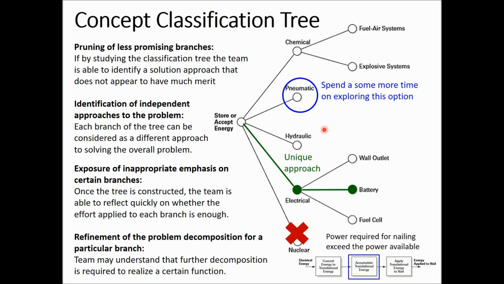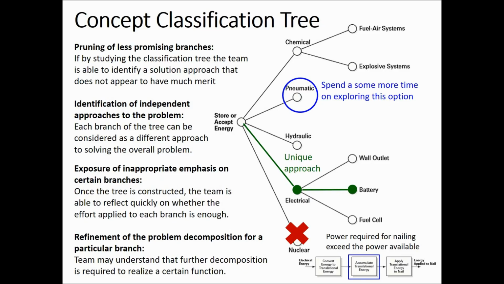For example, if the energy required for nailing is too much to give it using a battery, then you could think about an energy storage device within the system, like a flywheel or something like that. So that information you can gather once you construct the tree. By looking at the tree, you will be able to recognize these important aspects.